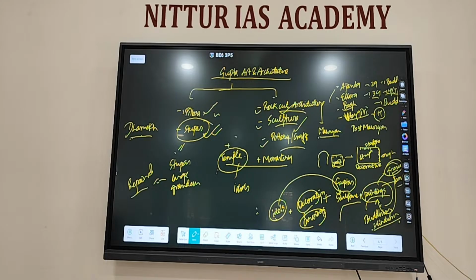Belonging to the post-Gupta period, they have Mahayana monasteries.